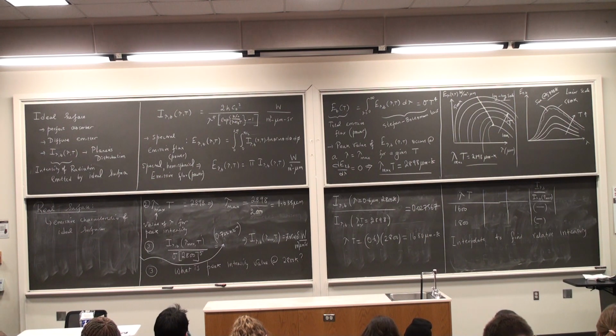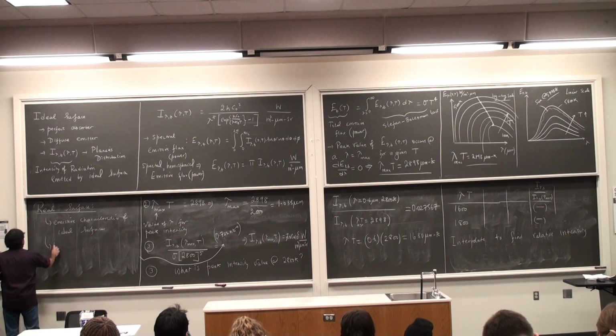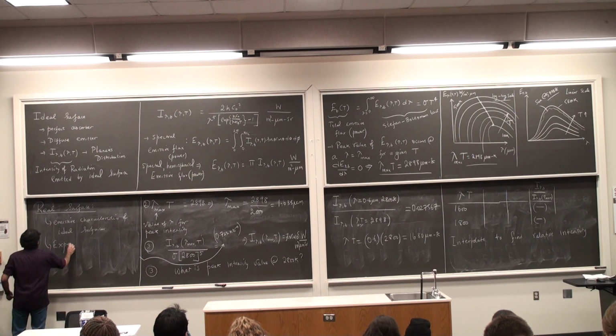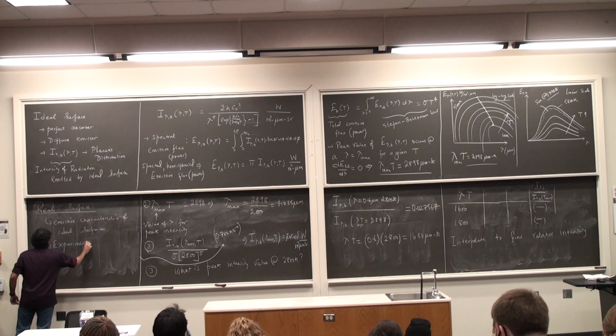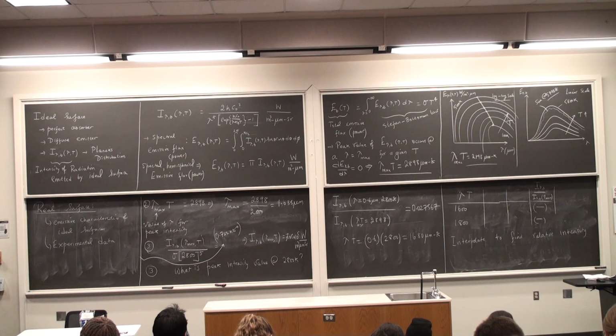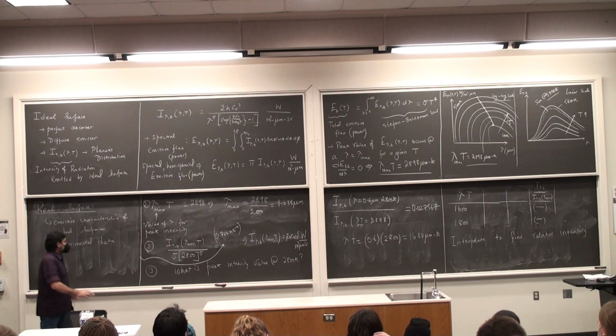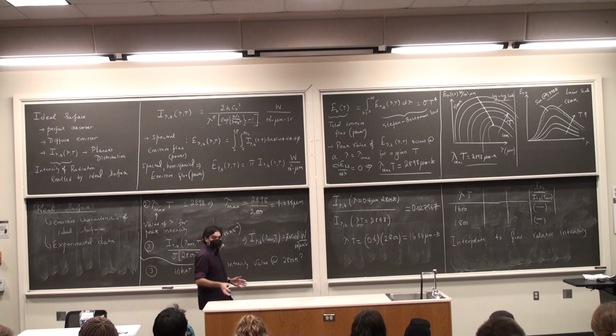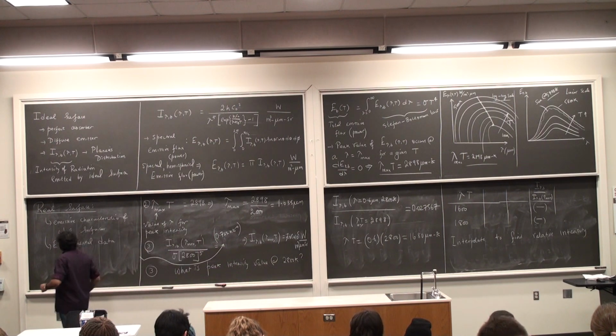And I need experiments, experimental data. This is based on spectroscopic studies, and the experimental data will typically give you the emissivity of real surfaces. But it has to be categorized with respect to some kind of dependencies.